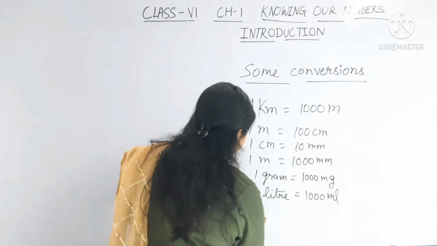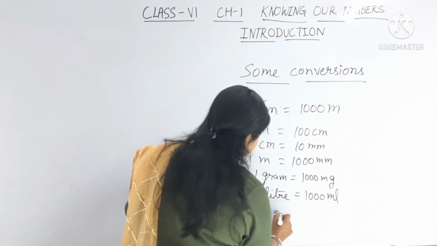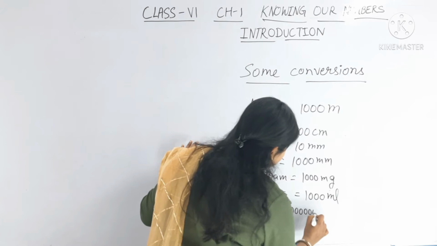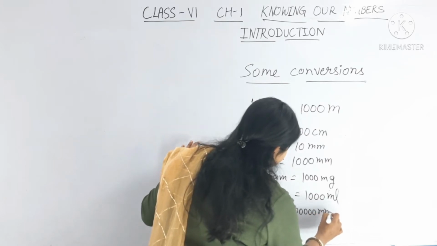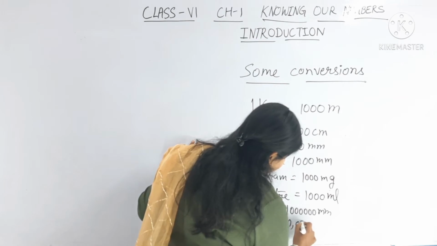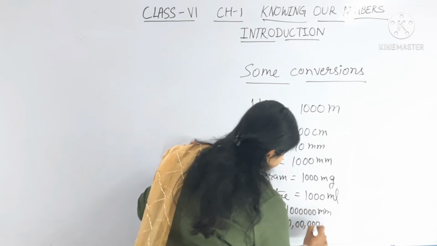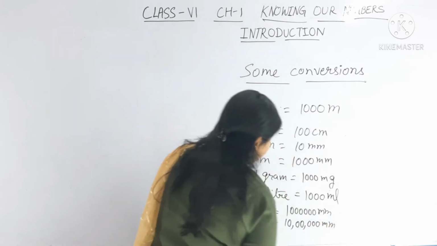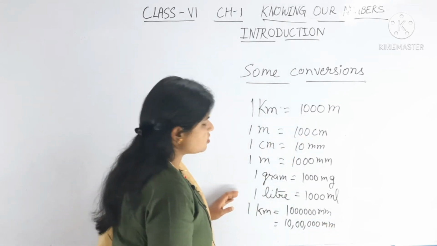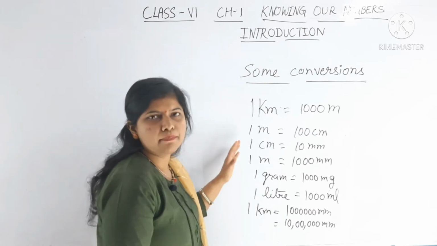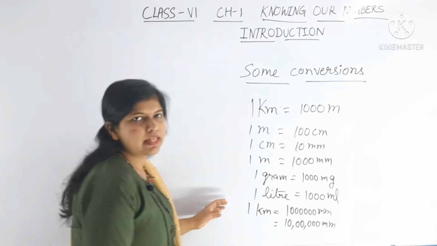So we can write 1 kilometer is equal to 1000 mm. You can put commas in the Indian system also. Okay, so these are the conversions for this chapter. You have to use them like this.